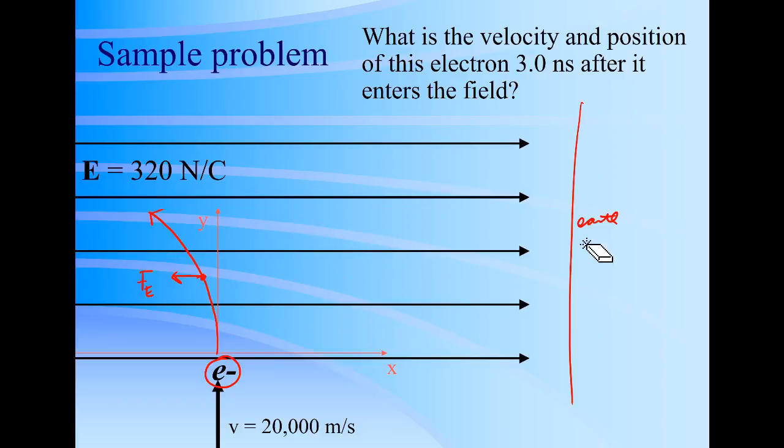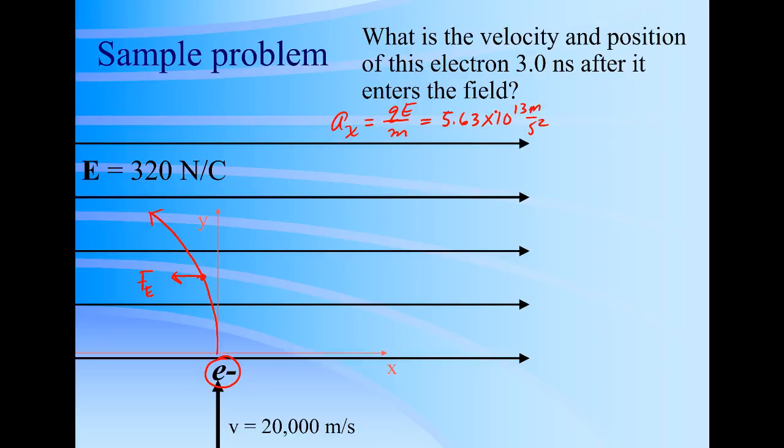The way that we would set this up is to say that ax would be the same as in the previous slide, and we found that that was qE over m, which was 5.63 times 10 to the 13th meters per second squared in the negative i hat direction.